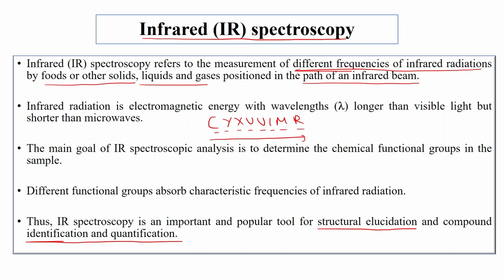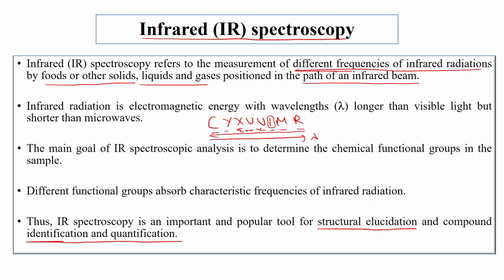In this direction the wavelength is increasing, and in the other direction the energy and frequency are increasing. So IR has a higher wavelength than visible light and a lower wavelength than microwave radiation.